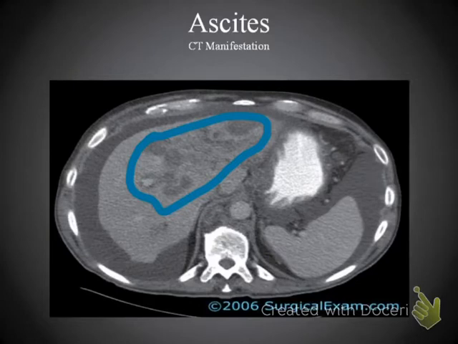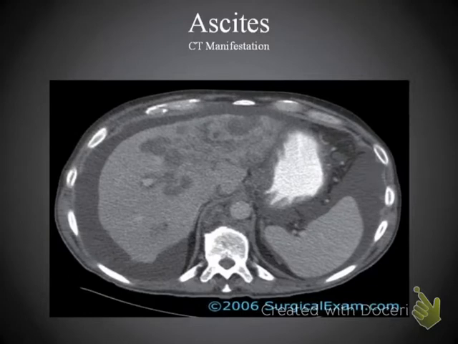I would be pretty surprised if this patient didn't present with some jaundice in color and other problems as well. You'd probably see demonstration of abnormal liver function enzymes, things like that. But here we see ascites, and this is caused by a neoplasm. And so this is neoplastic ascites.